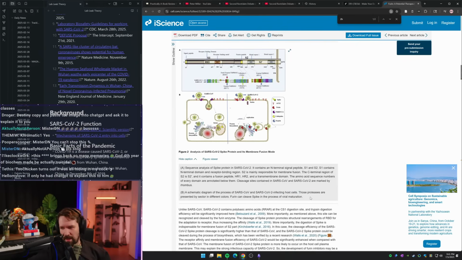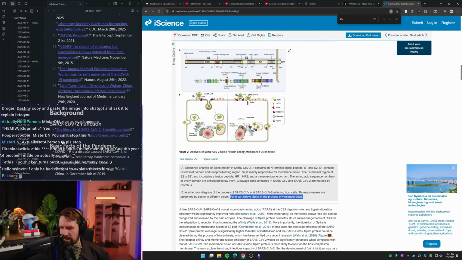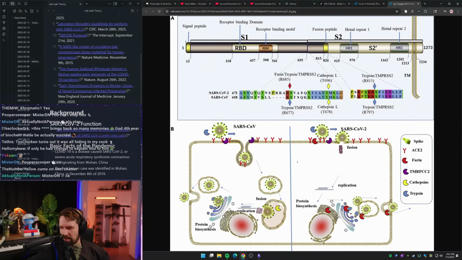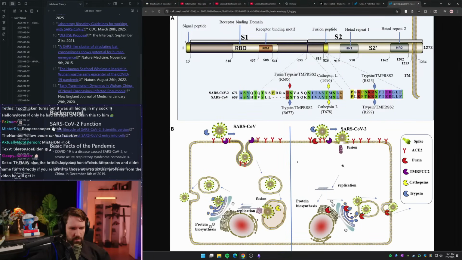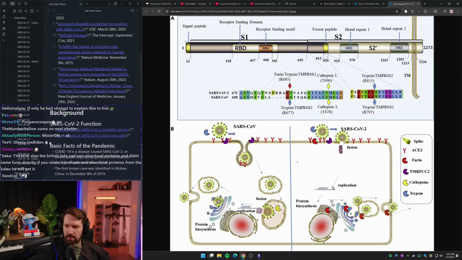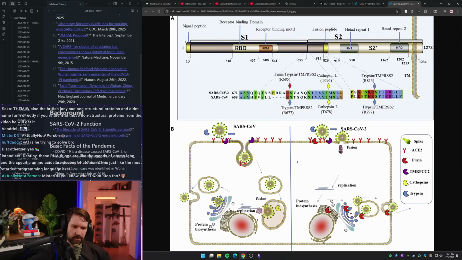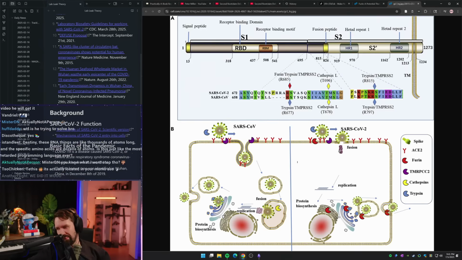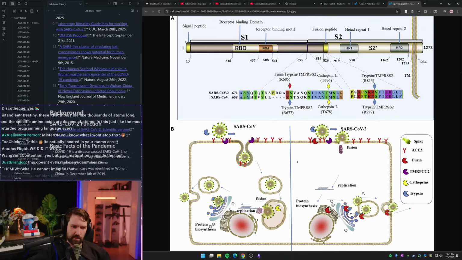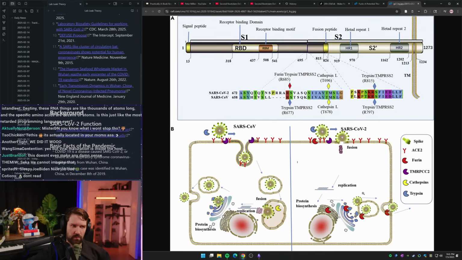Is this what you want me to read? That it could cleave the spike protein in the process of viral maturation? Is that what you want me to read? Is that desirable?